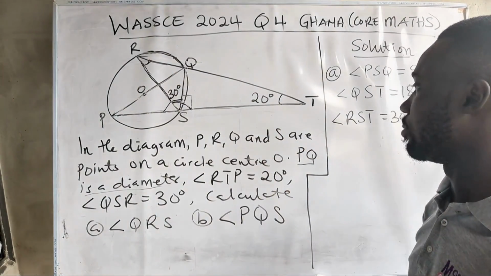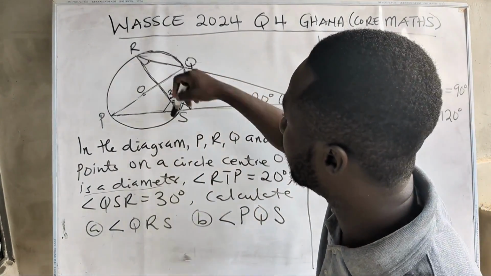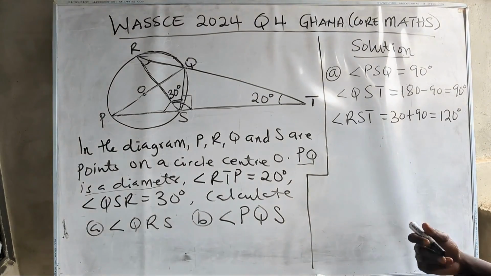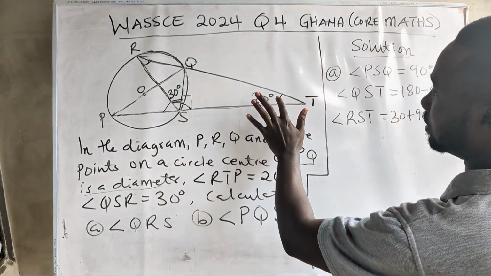And we know that the sum of the interior angles of a triangle adds up to 180. So what can we say about angle QRS? We can say that angle QRS is equal to 180 minus the angle here and then the angle here.